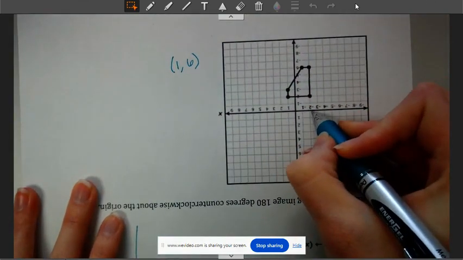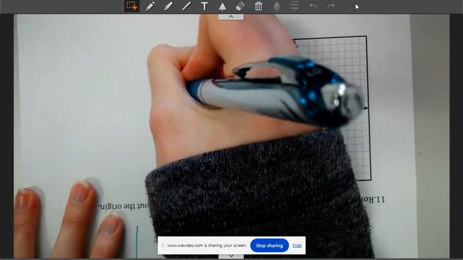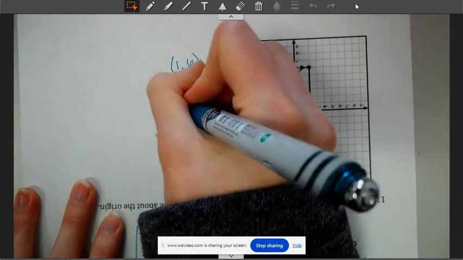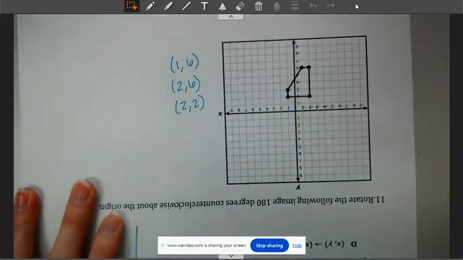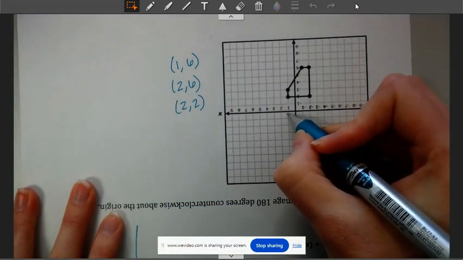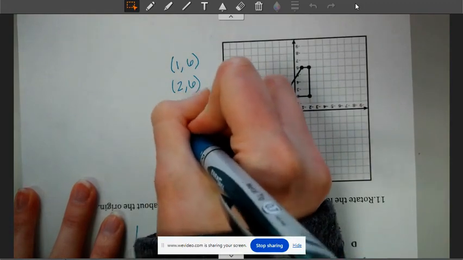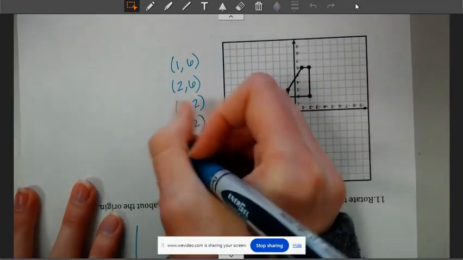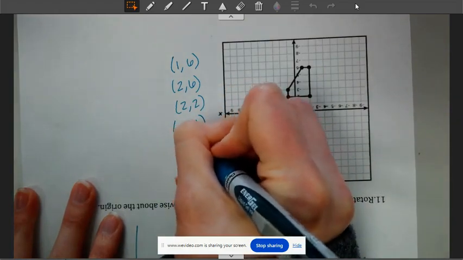Then I go right 2 up 6, so we have an ordered pair at (2, 6). I go right 2 up 2, we have an ordered pair at (2, 2). Then we come over here, I go left 1 up 2, so that would be (-1, 2). And then from the origin, I go left 1 up 3, so that would be (-1, 3).